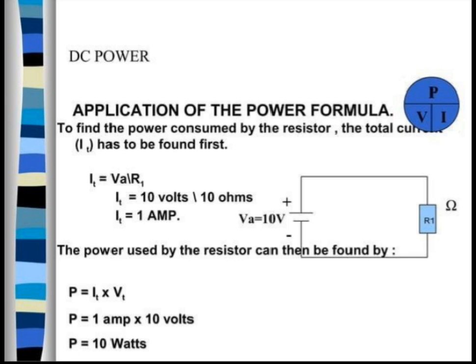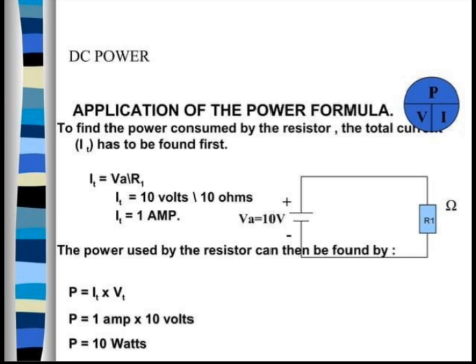So 10 volts divided by 10 ohms is equal to 1 ampere. Ampere is the unit of current.